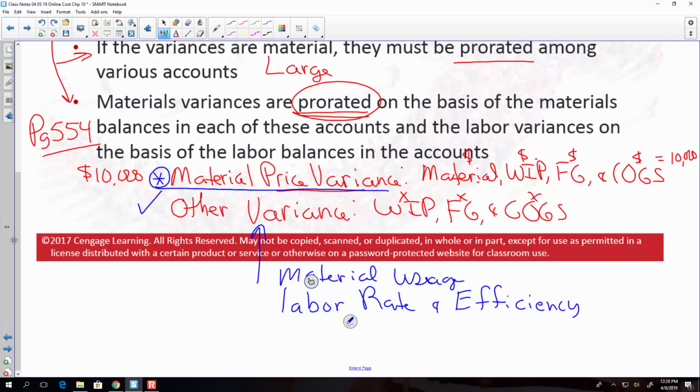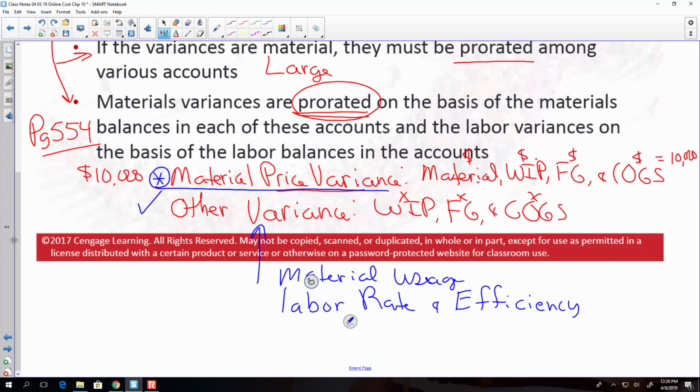That's why we're starting there instead of raw material inventory. Remember the flow: we start in raw material, we use that material in WIP, and then finally it's completed with labor and overhead applied. That then, when completed, goes into finished goods, and then finally cost of goods sold. That has been the flow of our costs throughout the course.